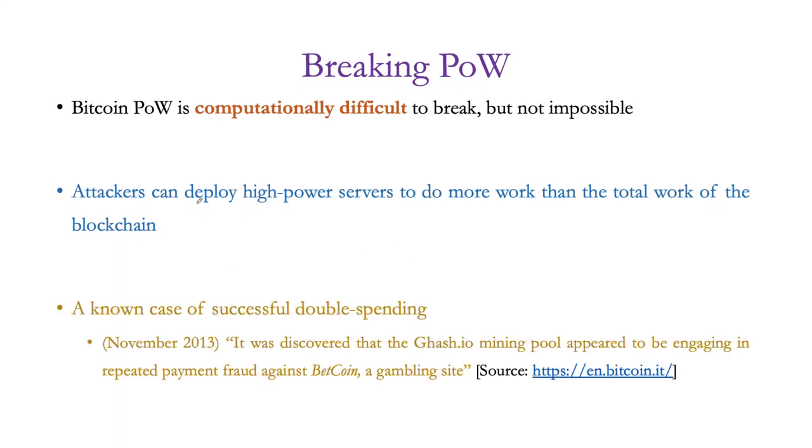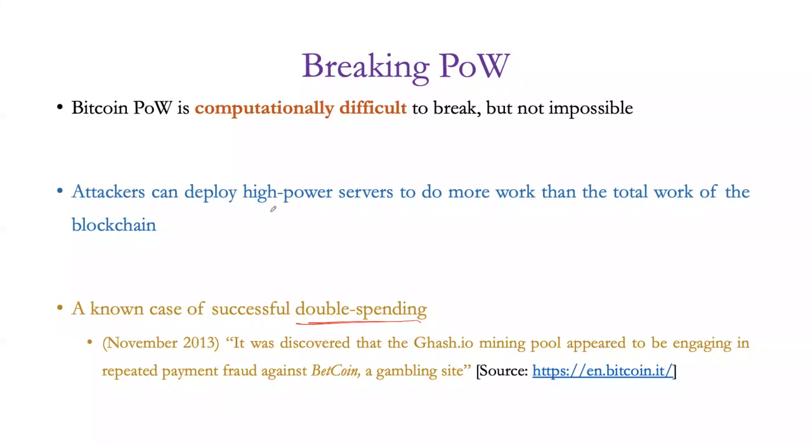Yeah. So this breaking of your proof of work is also known as the case of a successful double spending, which we discussed: Alice created some coins and the same coins are spent for two different transactions. That is a problem.